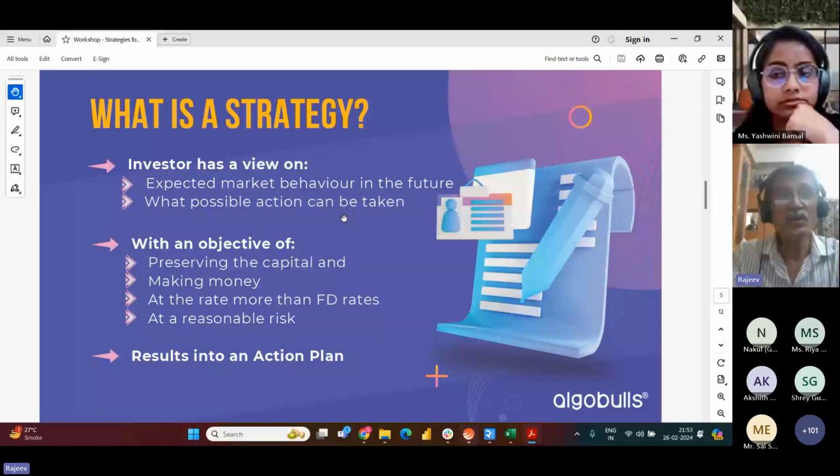But this view is not of that sort. It is basically a view based upon which they have to determine a certain action plan. So they come out with a possible action plan in response to the market behavior in the coming future. So that is the basic starting point.